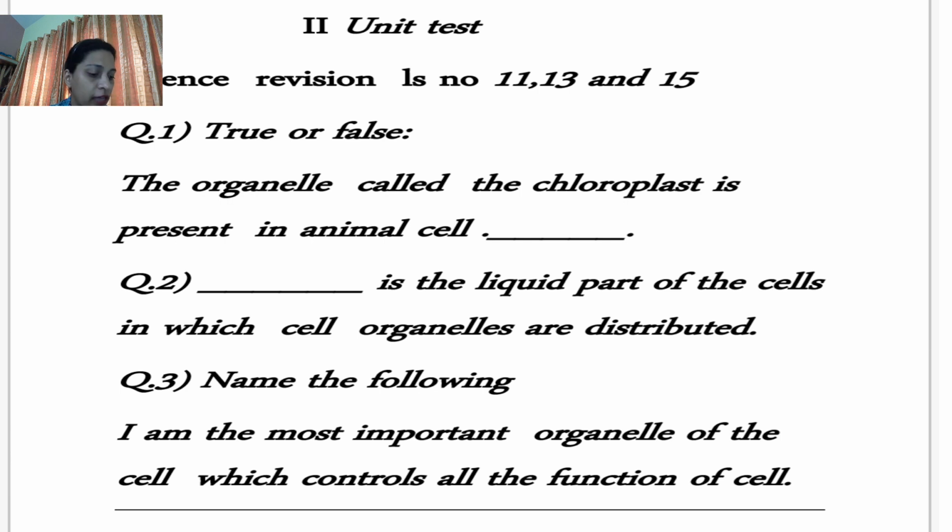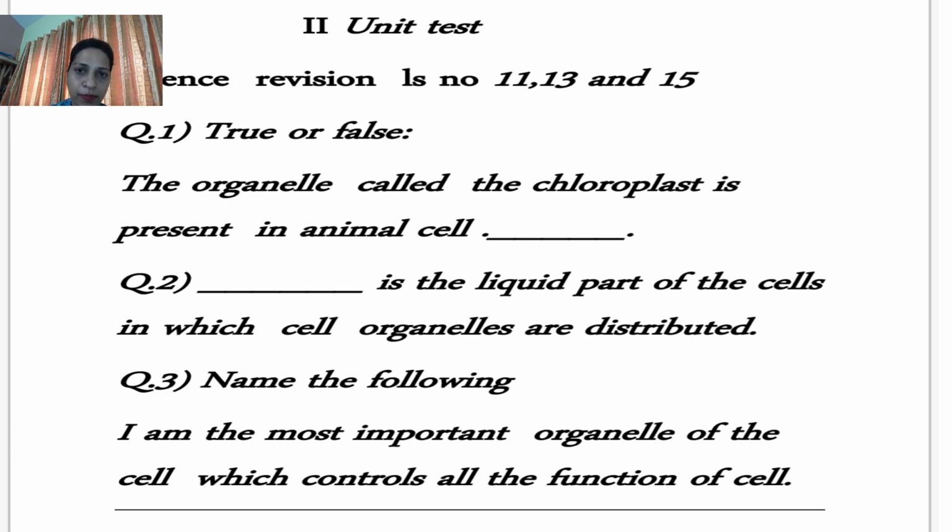Altogether there are 5 chapters: cell structure and microorganisms, the muscular system and digestive system in human beings, changes physical and chemical, elements, compounds and mixtures, and the last one, materials we use. That is 11th, 12th, 13th, 14th and 15th. So total 5 chapters we have.